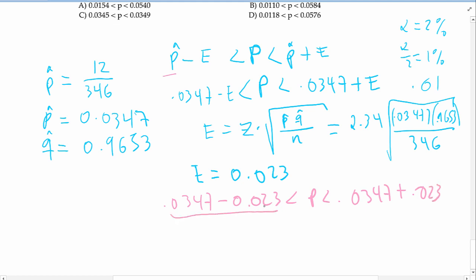The lower limit is 0.0347 minus 0.023, which gives me 0.0118. The upper limit is 0.0347 plus 0.023, which is equal to 0.057, and this approximation is 7.